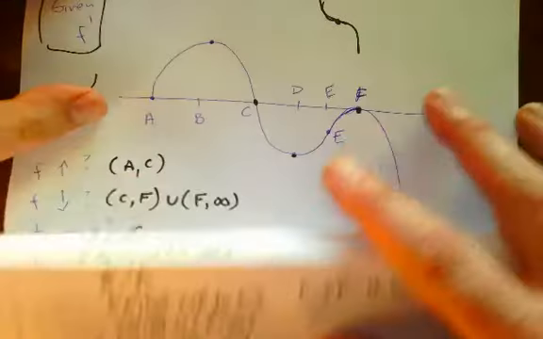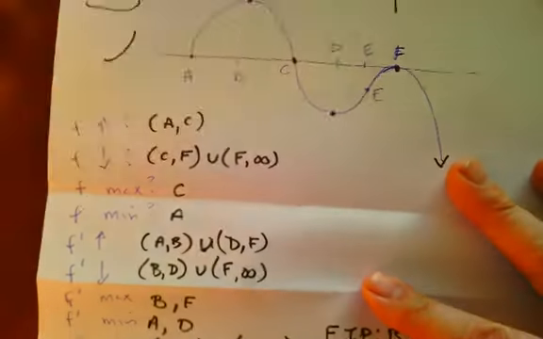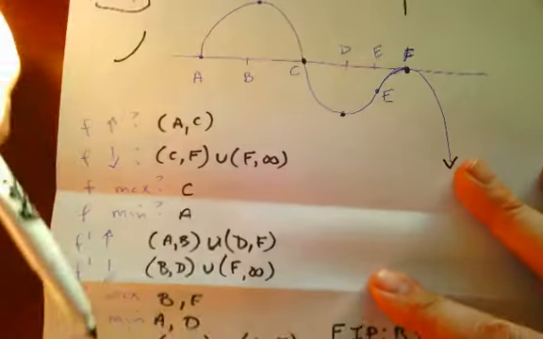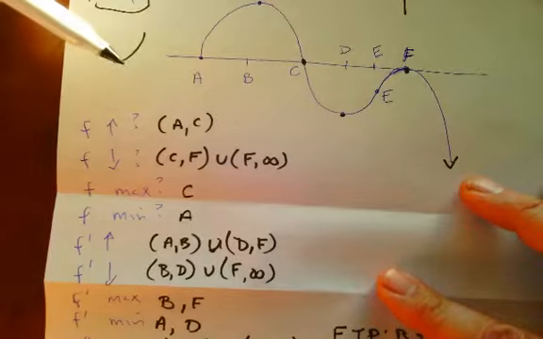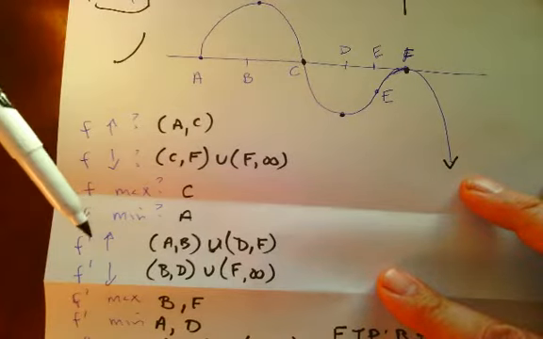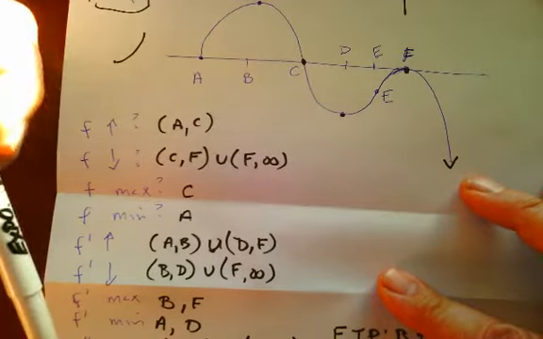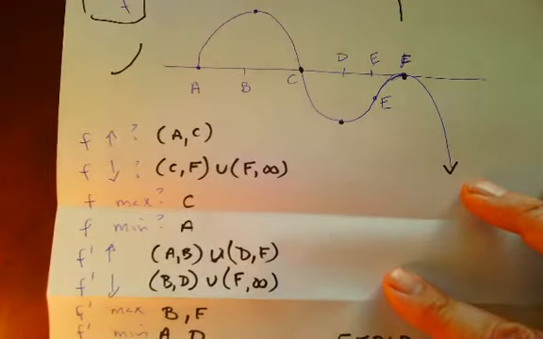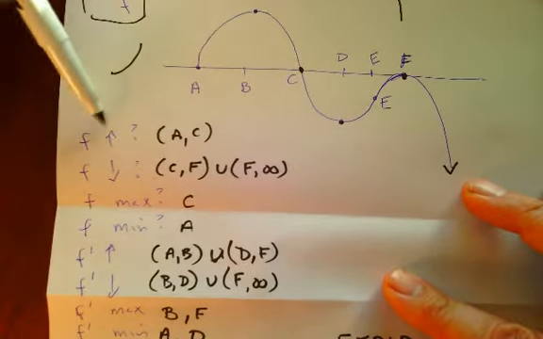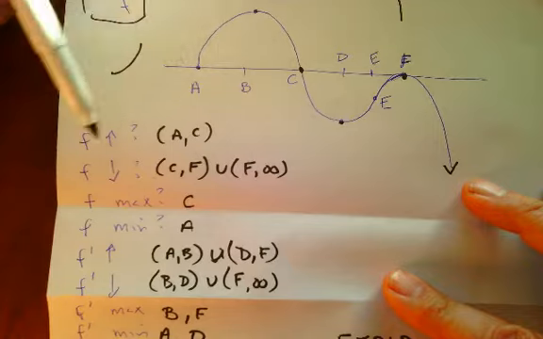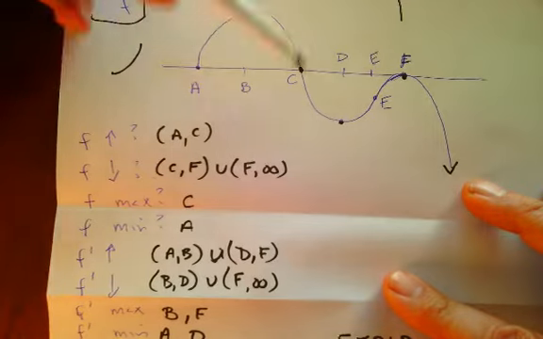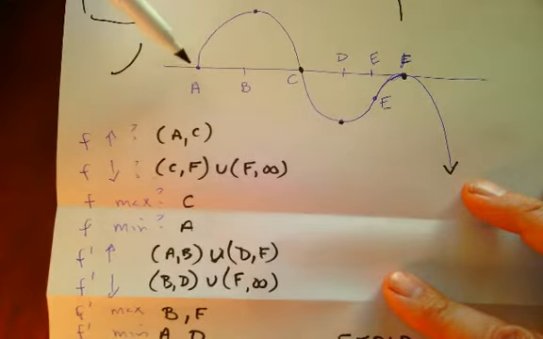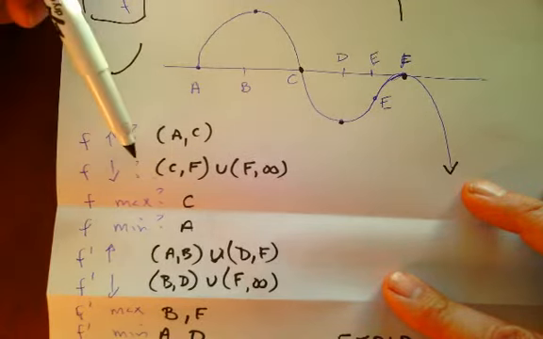So for my purposes, this is a red herring point. It doesn't provide any information for me in this problem. But I'm able to determine, given f prime of x, all this information about f of x, f prime of x, and f double prime of x simply by using f prime of x.